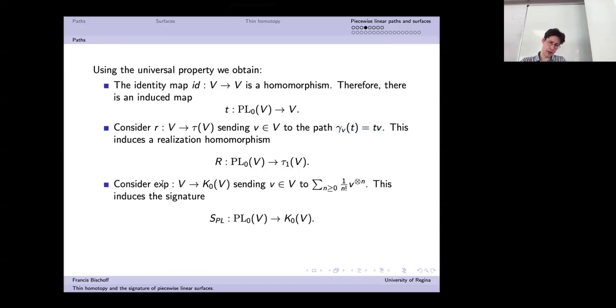And third, we have the exponential map, which is well known not to be a homomorphism, but it is a homomorphism when you restrict it to one-dimensional subspaces, because the free algebra of a one-dimensional space is abelian. So the exponential map is a homomorphism, and this induces a homomorphism, which is the signature.